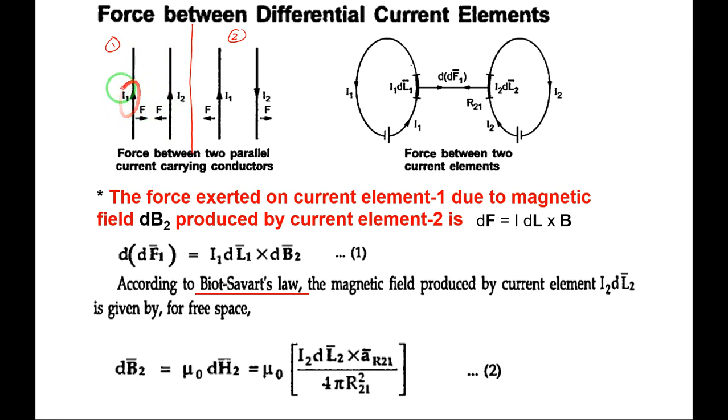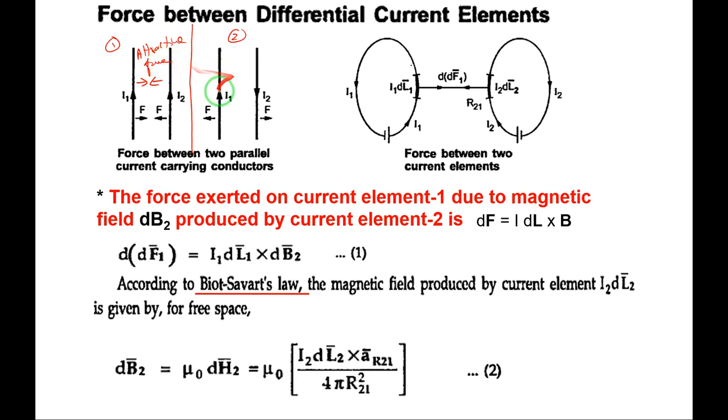The current is flowing in the same direction in both, upward. Whenever the currents flow in the same direction in the differential current elements, there exists an attractive force between them. They will attract each other.